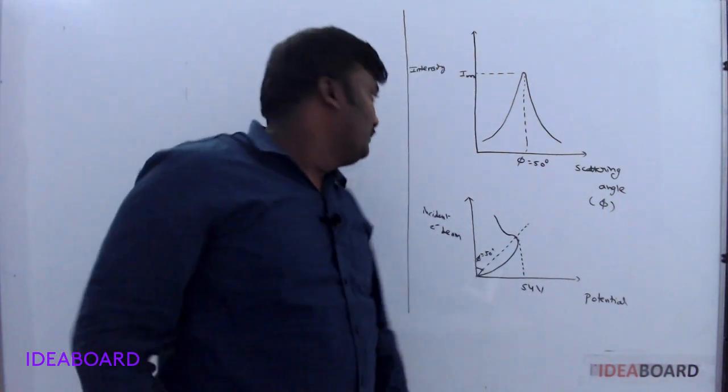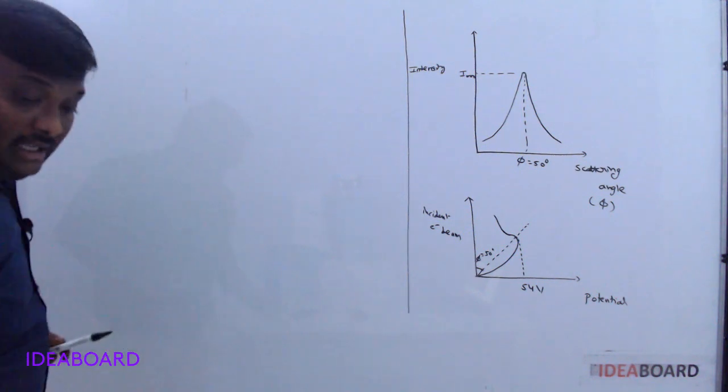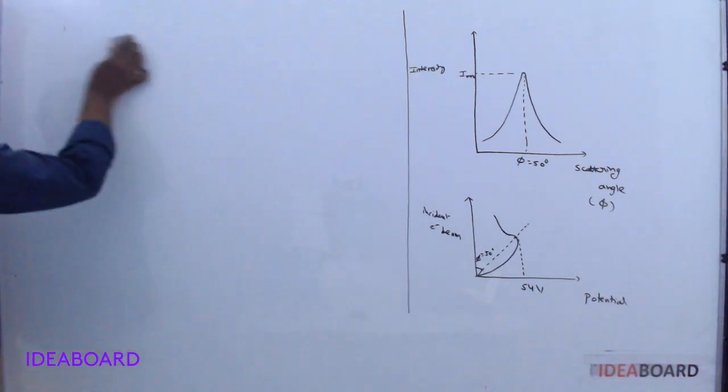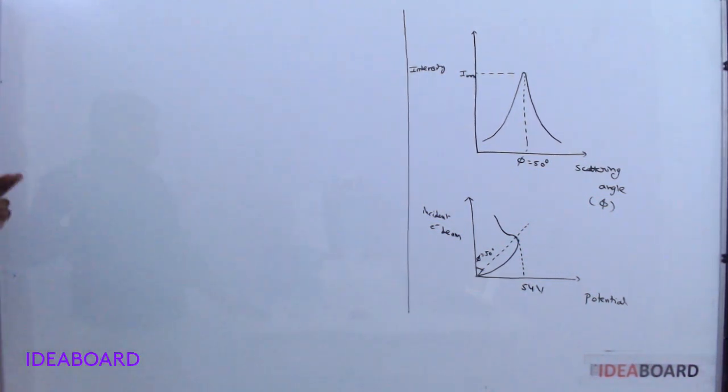Understand now? Now, why does this peak value of intensity happen? That is the most important thing in the entire topic.